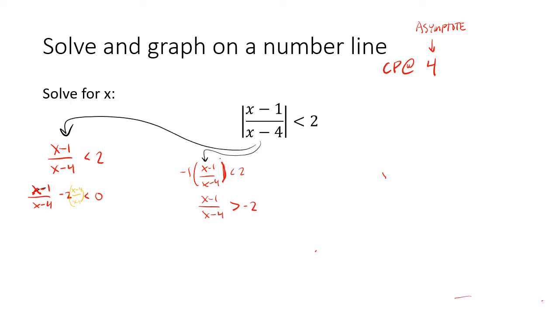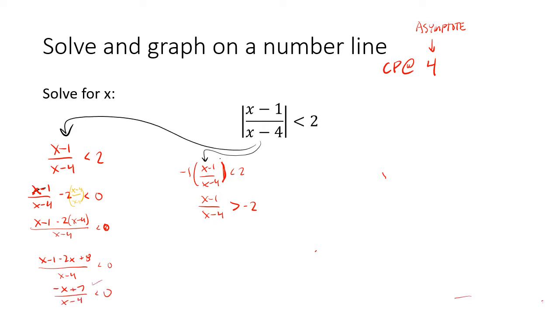So we'll have x minus 1 minus 2 times x minus 4, all over x minus 4, less than 0. At the end of this we'll have x minus 1 minus 2x plus 8 divided by x minus 4. So we have negative x plus 7 divided by x minus 4 is less than 0.